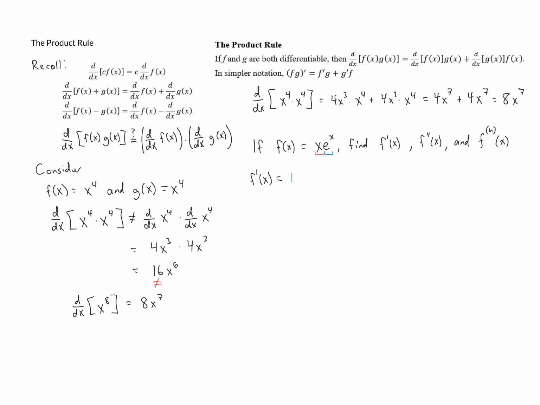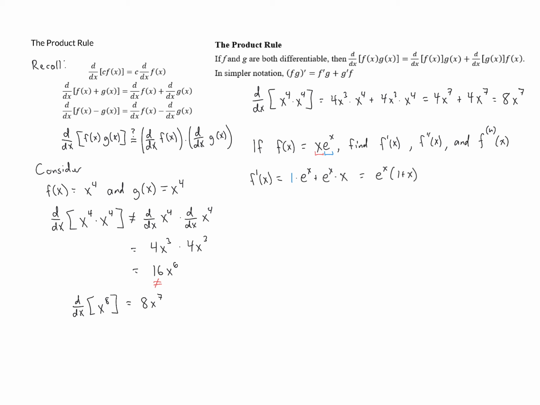The derivative of the first times the second, that's e to the x, plus the derivative of the second times the first. Well, the derivative of e to the x is just e to the x times the first function, which is x. And we can factor out an e to the x here. And when we do that, we've got e to the x times, the leftovers are 1 plus x.